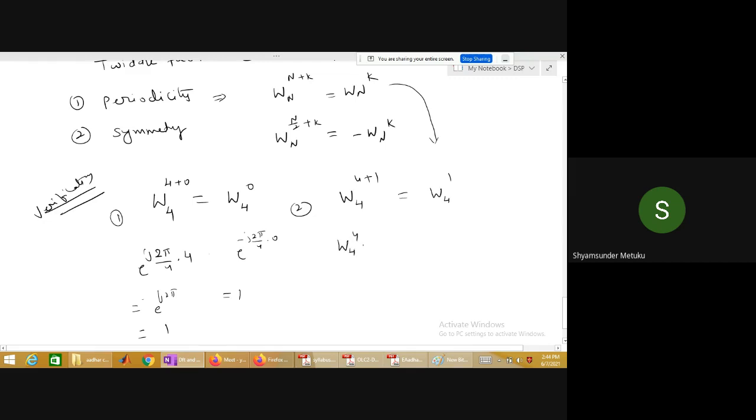W4 to the power of 4 into W4 to the power of 1. Yes or no? Yes, sir. So what do you get? Already W4 to the power of 4 you got as 1, no? Both are equal or not? Yes, sir. So I think it is matching. Yes or no? Yes, sir. So let us verify symmetry also.